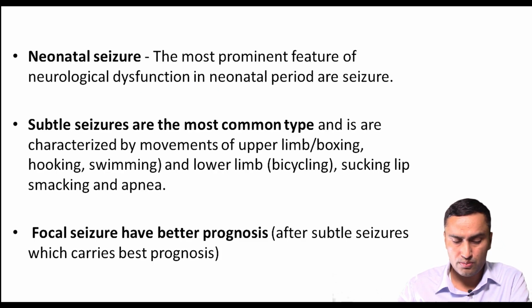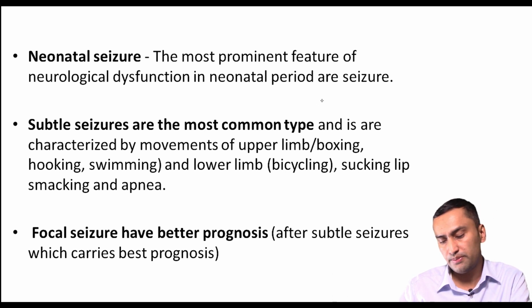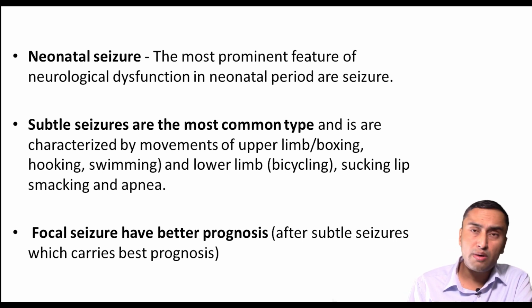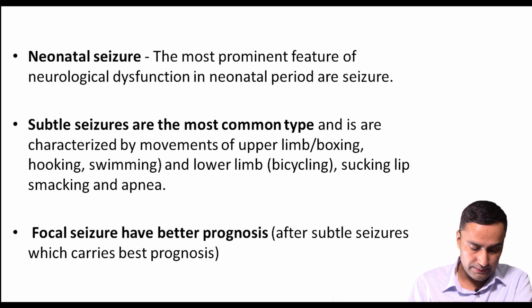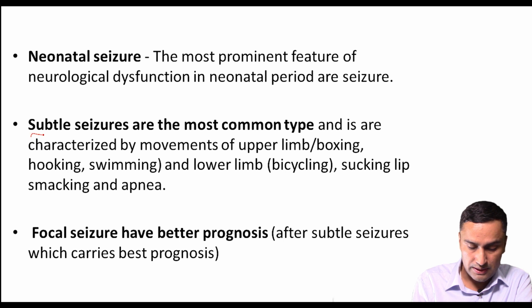Now, neonatal seizure. The most prominent feature of neurologic dysfunction in the neonatal period is seizures. The most common type of seizure in the neonatal period is the subtle seizure. This is another important question, and they will ask it.